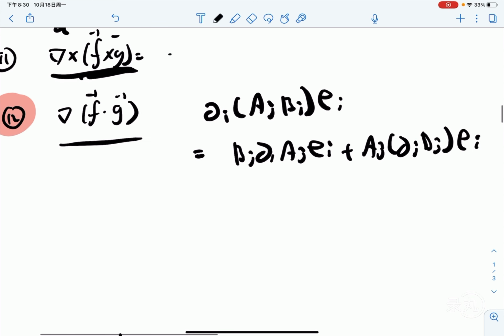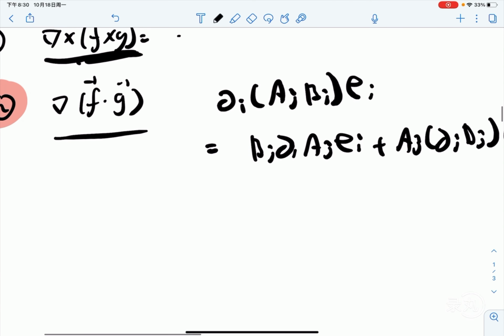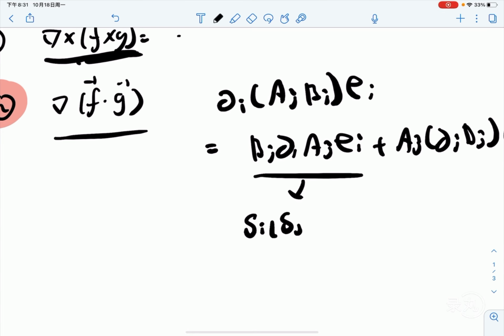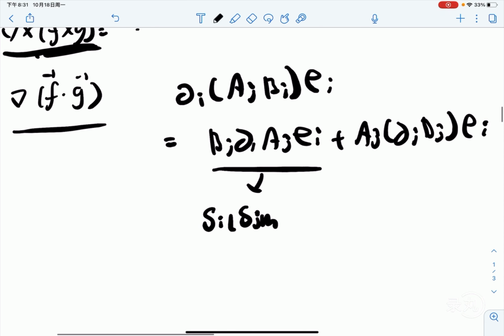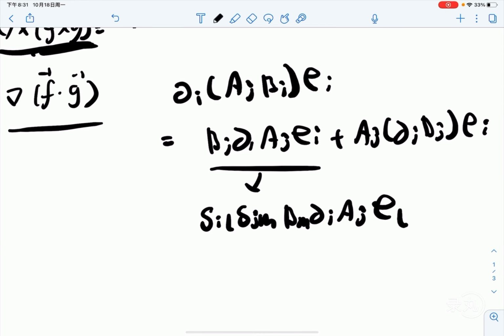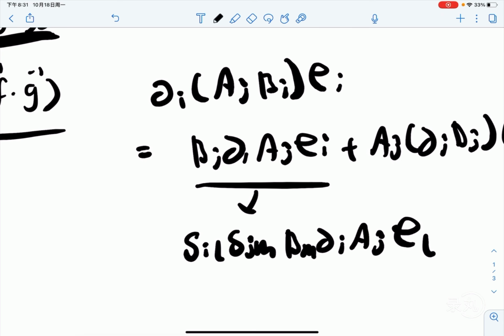And if we select that, we can see this term is equivalent to the form of iljm bm I rj el. Okay, wait a second, let me see, yes. Because it requires I is equal to L and J is equal to M, and they're just basically equivalent to each other.